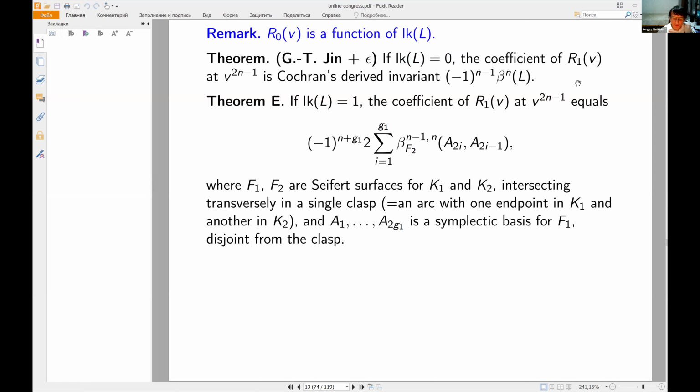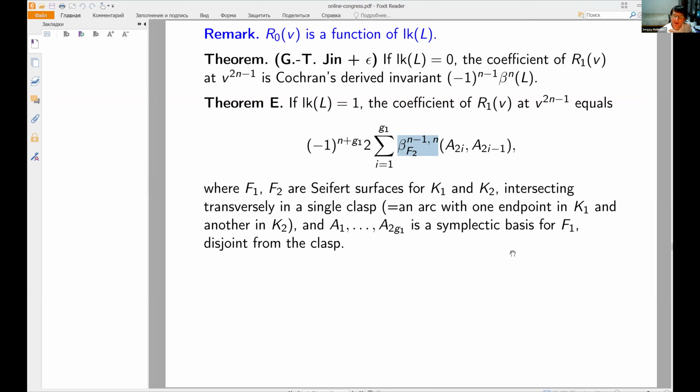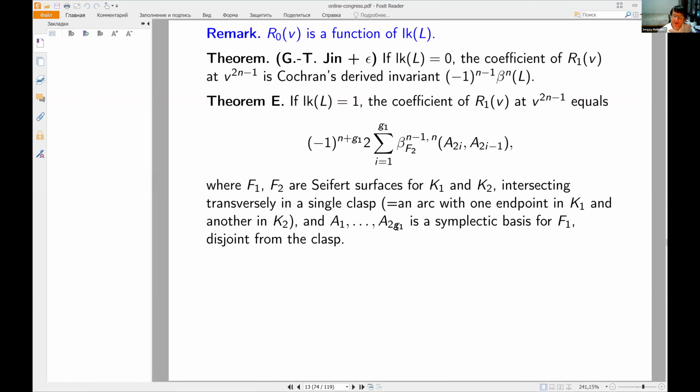Now, for the purposes of topological isotopy, the more interesting case is when the linking number equals 1. And in this case, there is a geometric description of the same power series, R1, in terms of similarly defined invariants, so to say, Cochran's generalized invariants. To get that description, you need to find Seifert surfaces for the two components which intersect transversely in a single point.